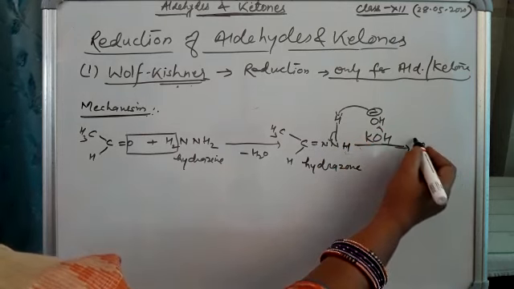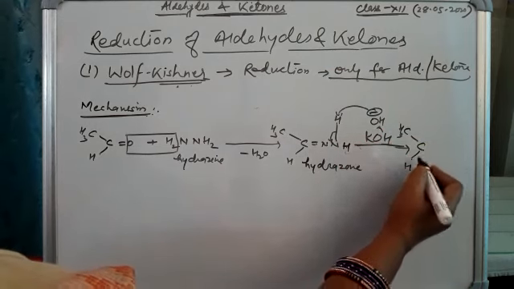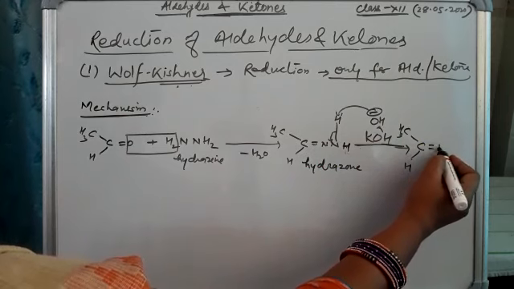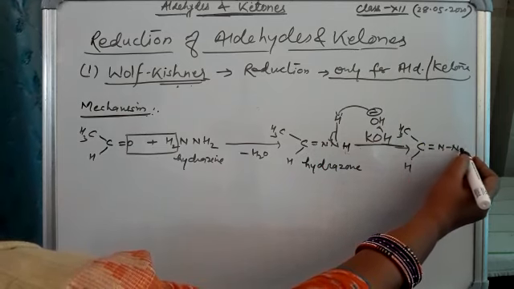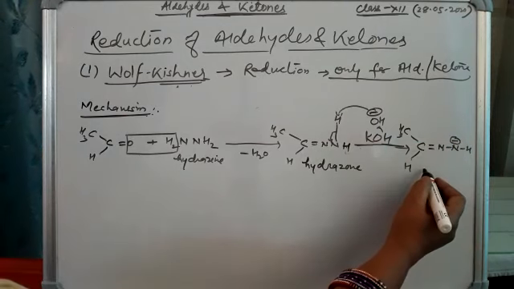What happens? Here we get CH3CH=N-N with a negative charge, with H, and one electron pair on the nitrogen atom.